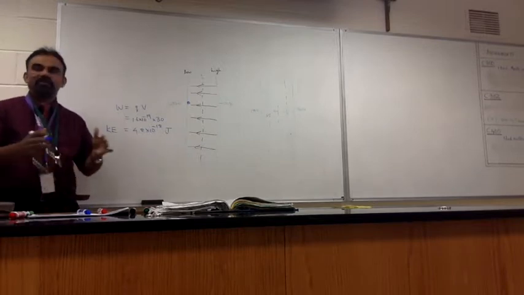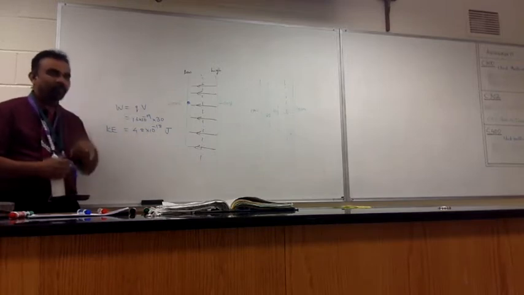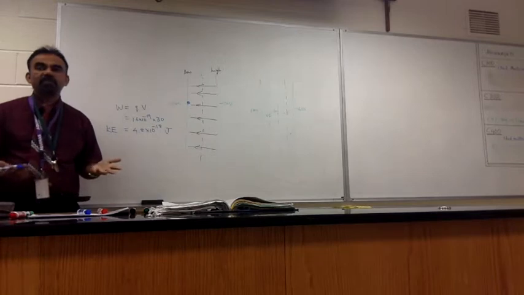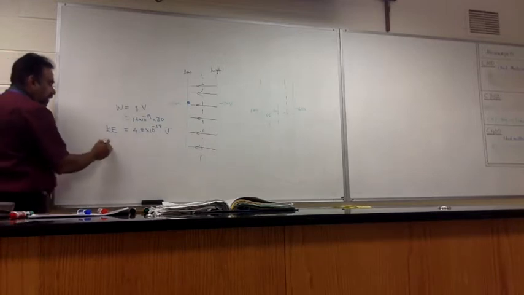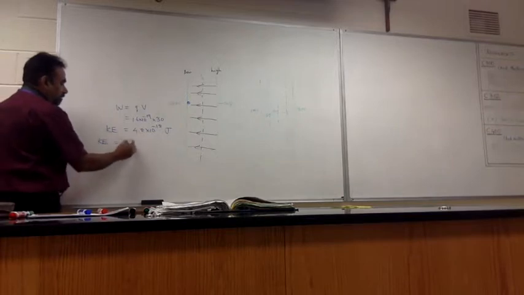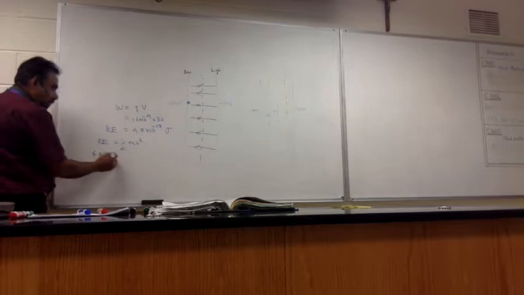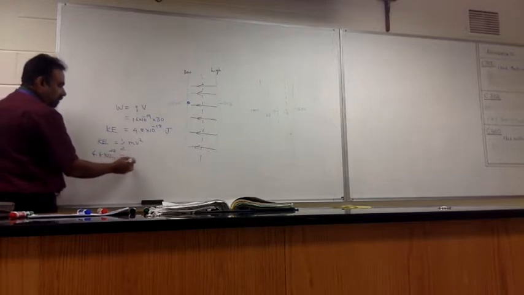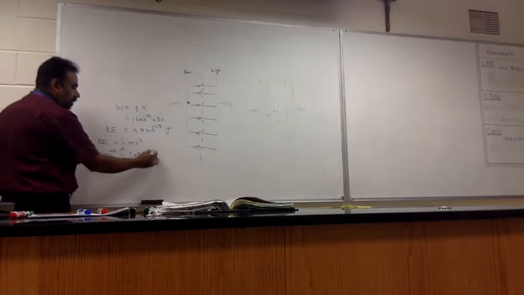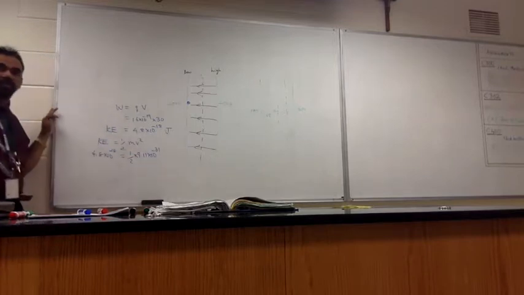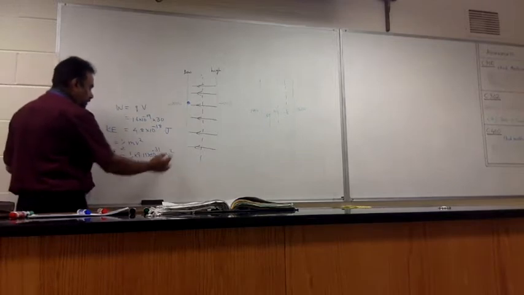So what do you do now? Equate this to what? Half mv squared, because you know the kinetic energy formula is half mv squared. So you have 4.8 times 10 to the power of negative 18 is equal to half times 9.11 times 10 to the power negative 31, that is the mass of the electron, times v squared.